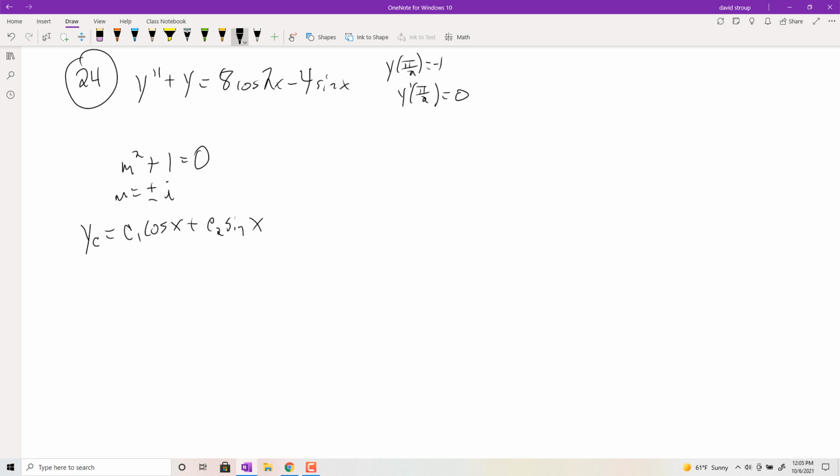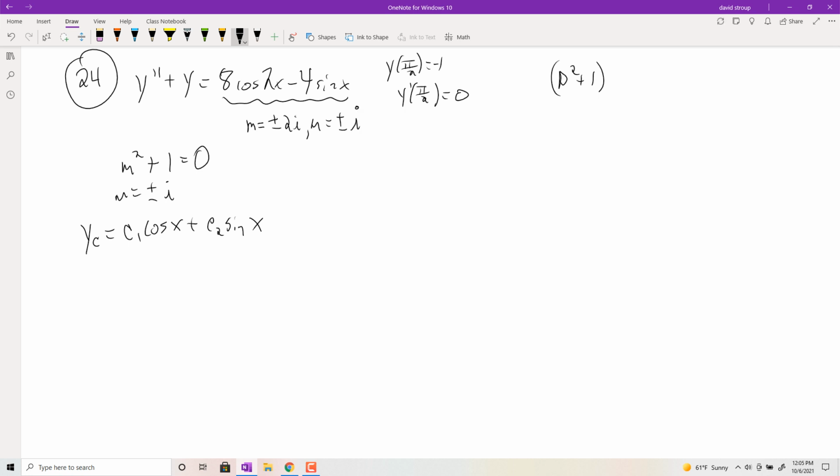Okay. Then I go to the original differential equation, it's going to be D squared plus 1. And for this part, if this was a solution to a differential equation, the roots would be m equals plus or minus 2i, and also m equals plus or minus 1i.